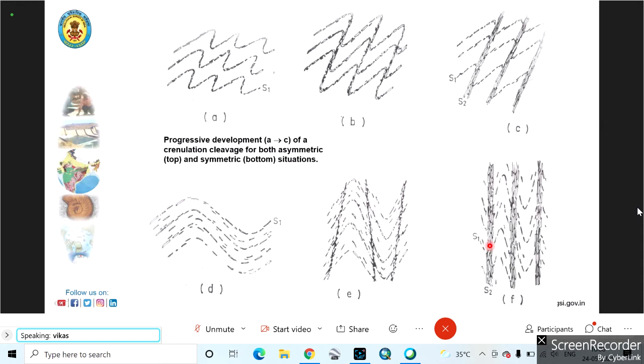If such hinge zones are isolated, and you see them in between two foliations, we call them intrafolial folds, because they are between two foliations. Intra means between, and folia means foliation. These folds are between two foliations, so we call them intrafolial folds. If you are able to identify such folds, it will be a very great thing, because you will be able to differentiate between the earlier and later foliations easily. Next, please.